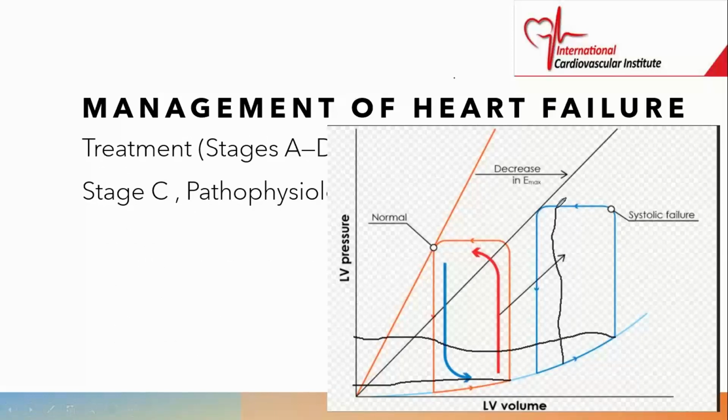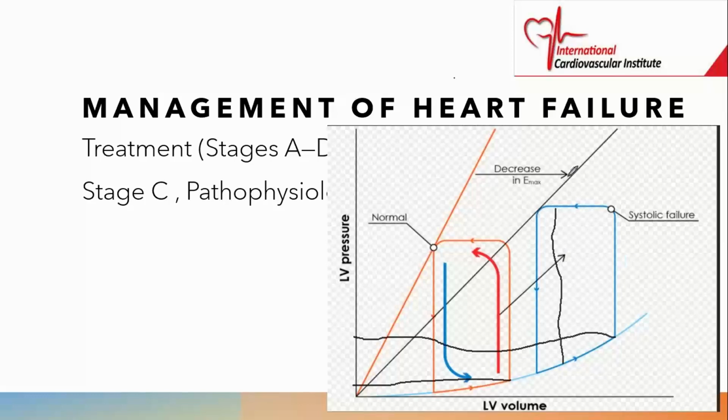The width would be much less than that, because the width is the stroke volume. Stroke volume is in essence the output, because you multiply the stroke volume times the heart rate to get cardiac output. So the output is going to be reduced.